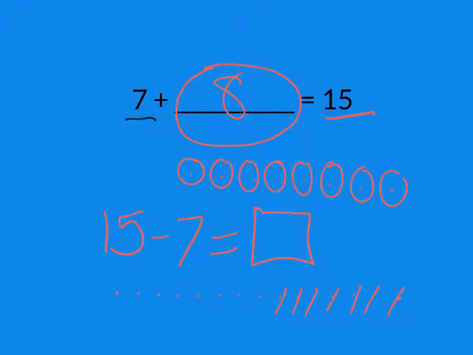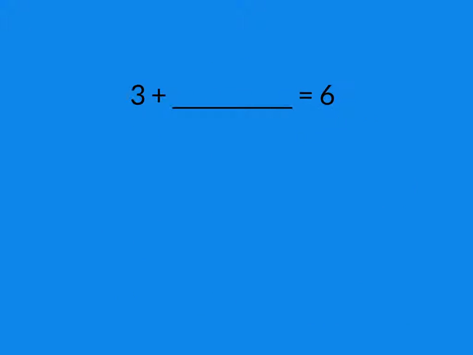Now I count how many I have left. So I have 1, 2, 3, 4, 5, 6, 7, 8. So I just checked my answer, and I know that it is also 8. I got the same on both of them, so I know it's correct, and I know I don't need to try it again.